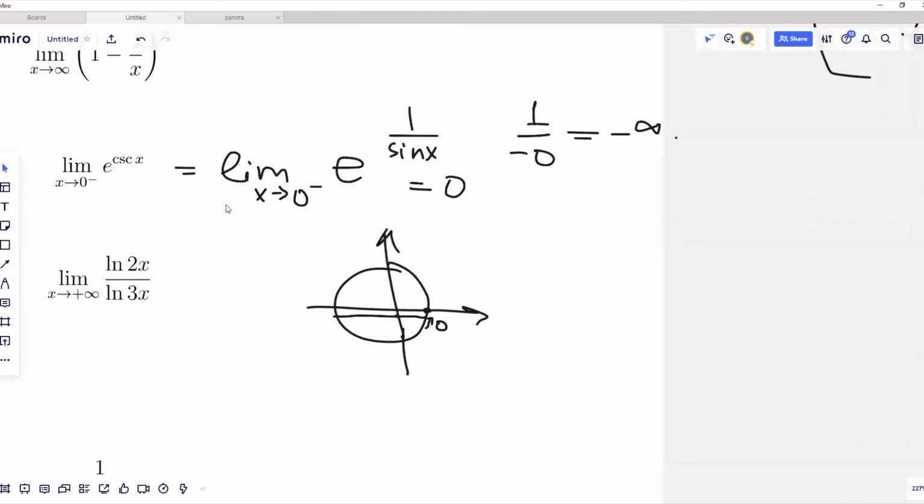We can again express all of our steps using substitution. So let's write that down one more time. This is limit as x goes to 0 from the negative side. Let's replace 1 over sine of x with t.